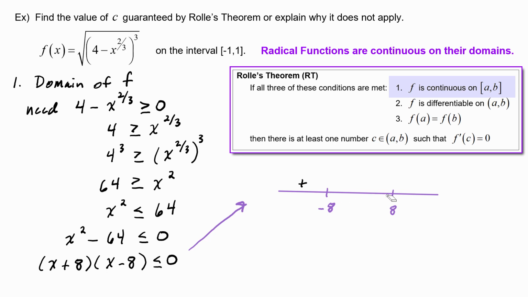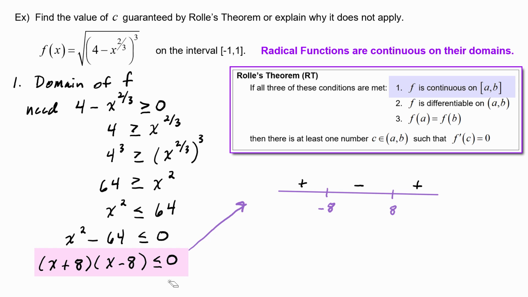In this interval, we could pick a test point of 0, and that would be a positive times a negative is negative. And from here, we could pick a test point of +9, which would be a positive times a positive is positive.